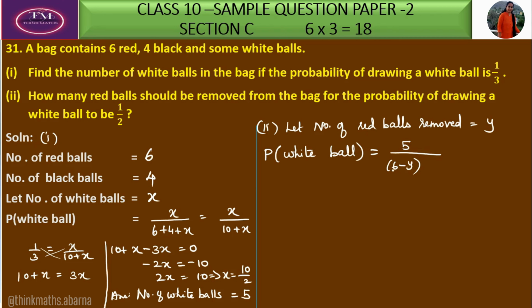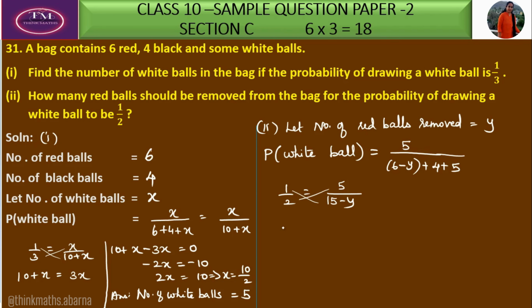The number of red balls will be 6 minus y, black balls is 4, and white balls is 5. Its answer is given as 1 by 2. So 1 by 2 will be equal to 5 divided by 6 plus 4, 10, 10 plus 5, 15, so 15 minus y.